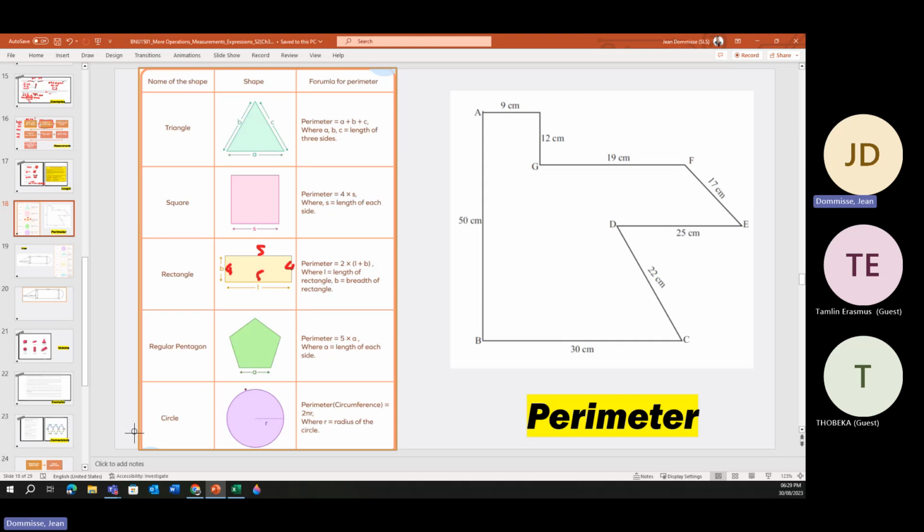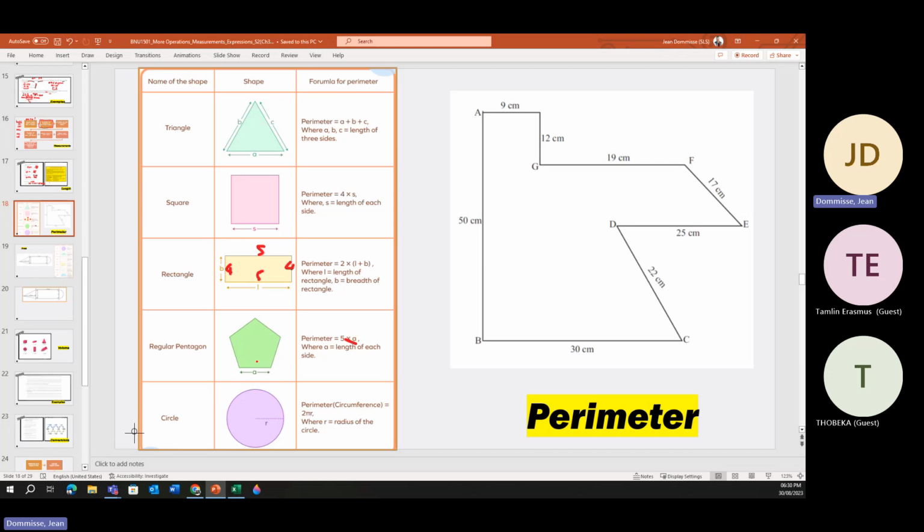Then if you go into a pentagon or hexagon or whatever gon there is, all that you need to know is that it doesn't matter how many sides, all those sides are always the same length. For this one there are 5 sides, so you say 5 times one of the sides.